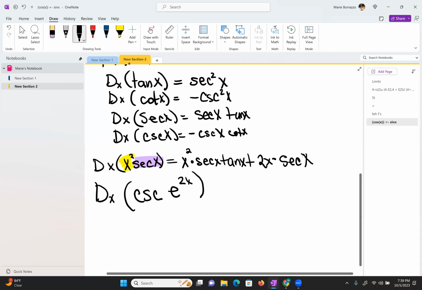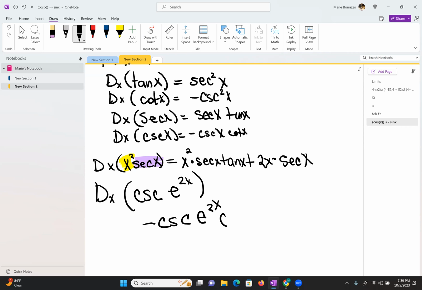I'm going to start with negative cosecant e to the 2x cotan e to the 2x, and this is going to be times the derivative of e to the 2x, so times 2e to the 2x.